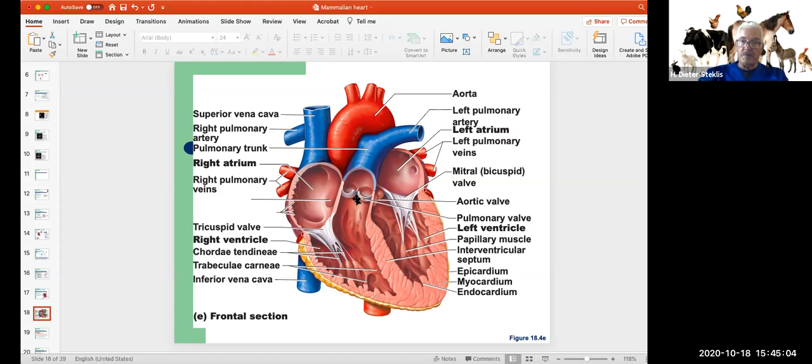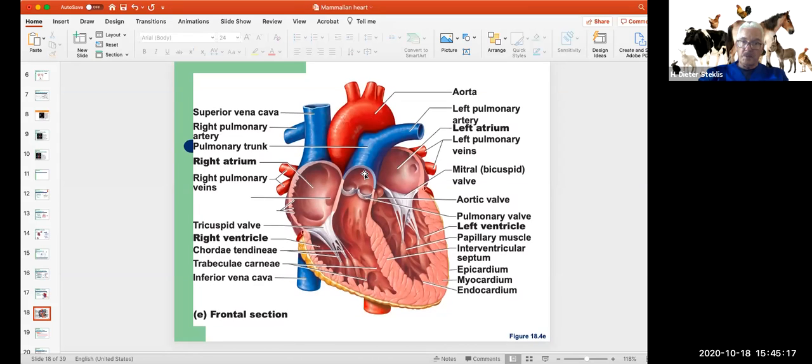And so you have a valve here, what's called a semilunar valve. Look at the shape of this: when blood gets pushed up into the pulmonary artery, it will close this valve so that it can't flow back into the right ventricle. And likewise here, you have an aortic valve that prevents backflow from the aorta when the left ventricle contracts.